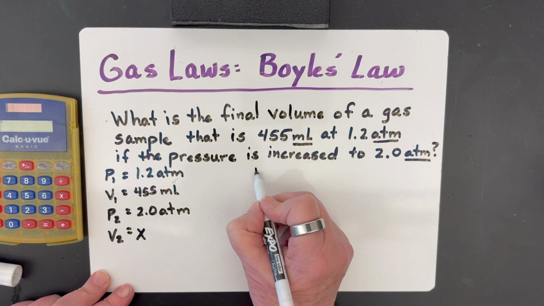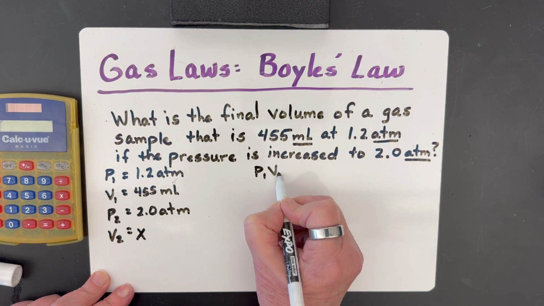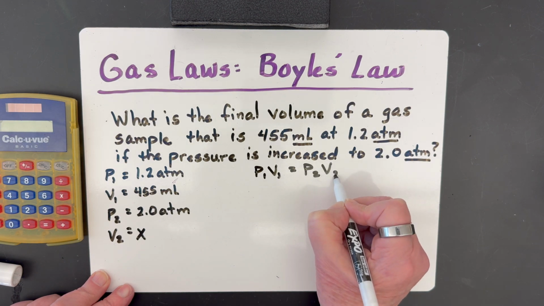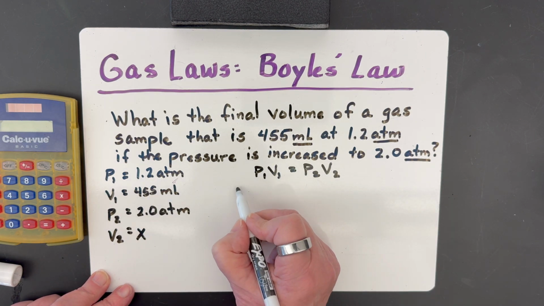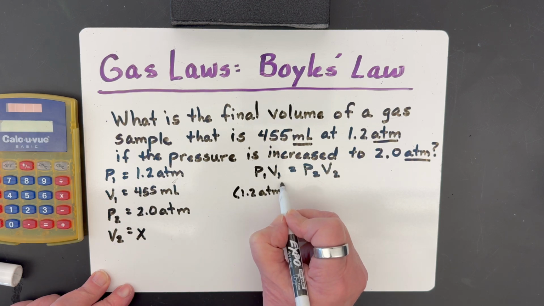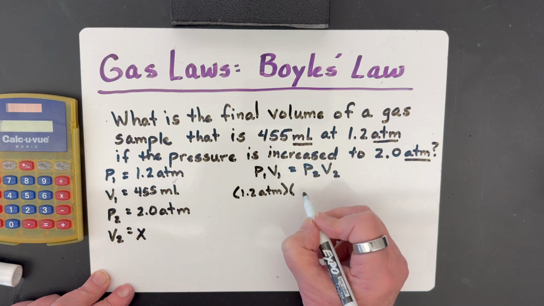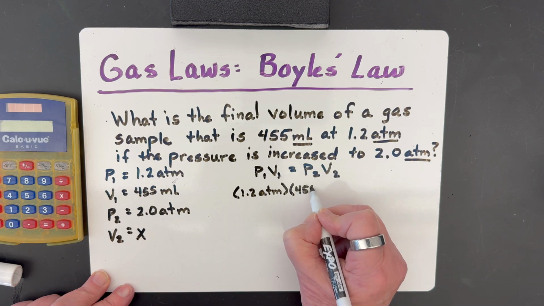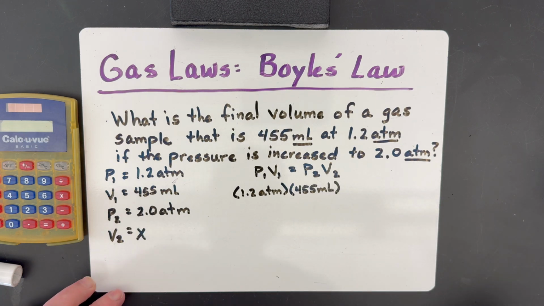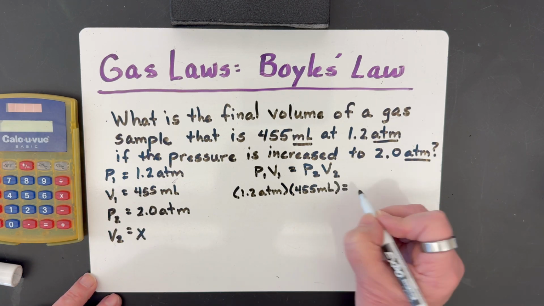So remember, P1 V1 equals P2 V2. Pressure 1 is 1.2 atmospheres. Volume 1 is 455 milliliters. It doesn't matter if it's in liters or milliliters as long as it's the same on both sides.